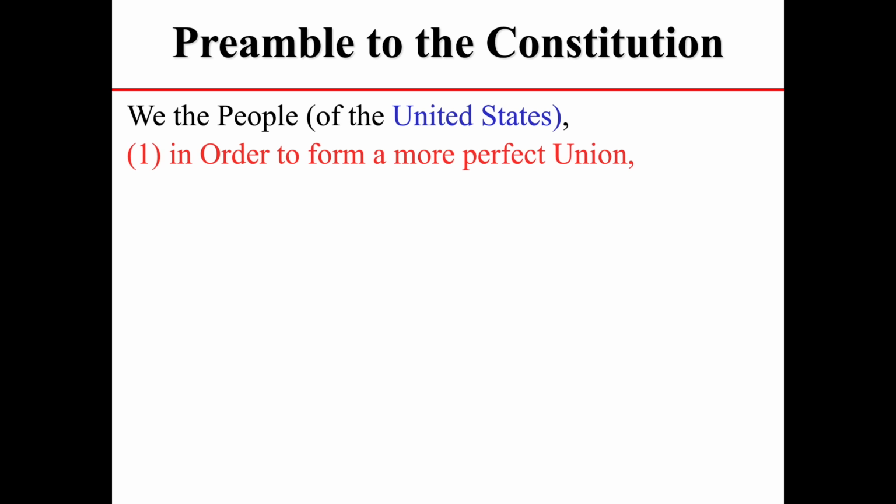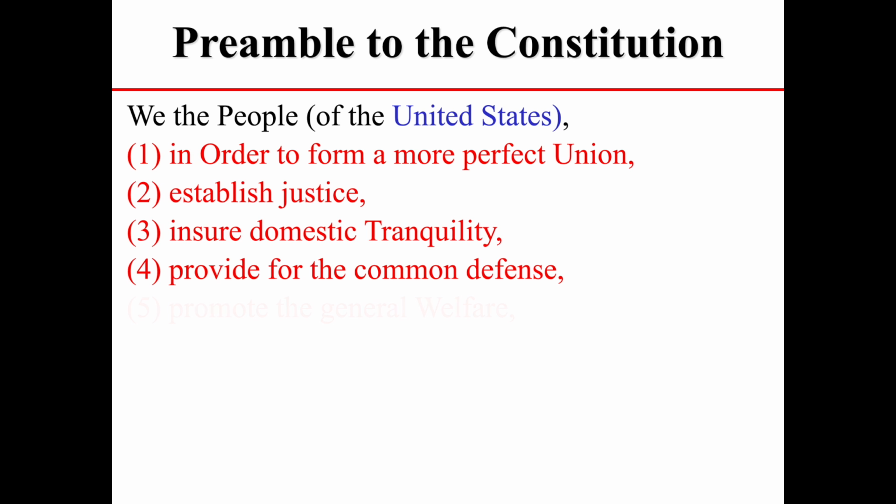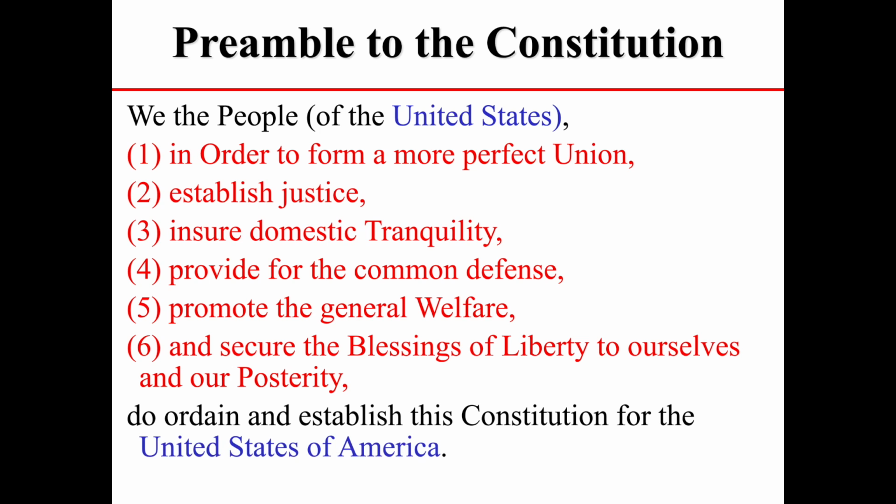And this is really what we're going to leave off today, which is the preamble. The preamble states the purpose. What are we trying to accomplish here? We'll review these. We, the people of the United States, number one, in order to form a more perfect union.